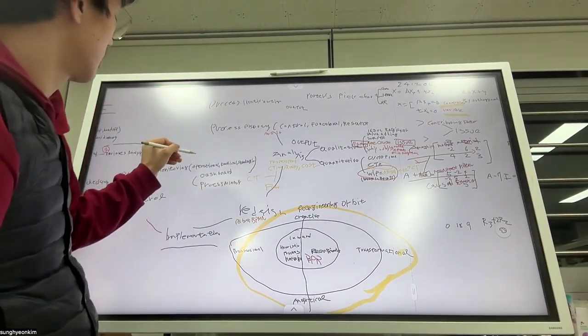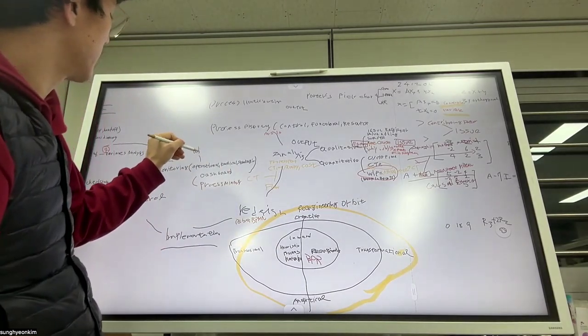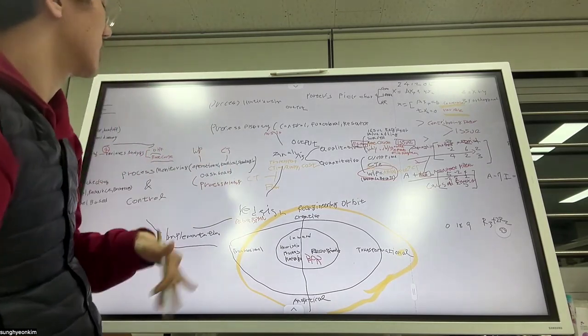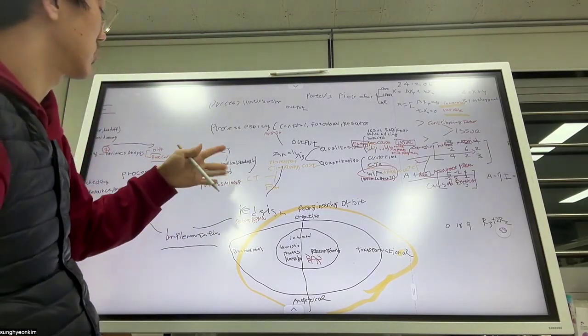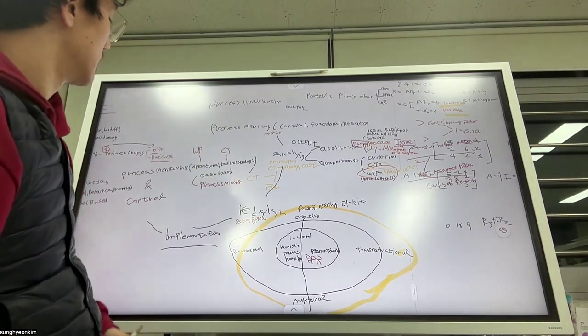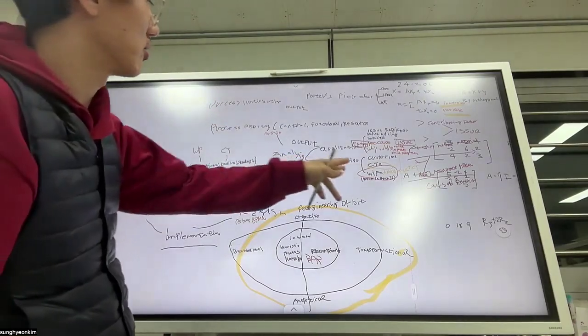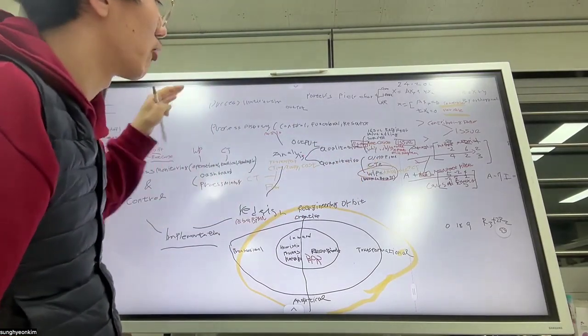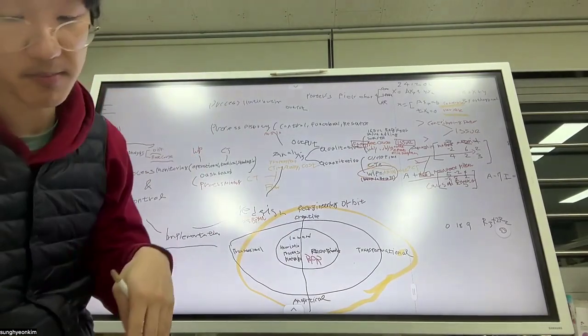In operational, WIP is here, and in tactical, cycle time is here. Tactical is usually a two-dimensional dashboard, which is a bar chart or pie chart. WIP, you saw this in quantitative analysis, which is arrival rate multiplied by cycle time.